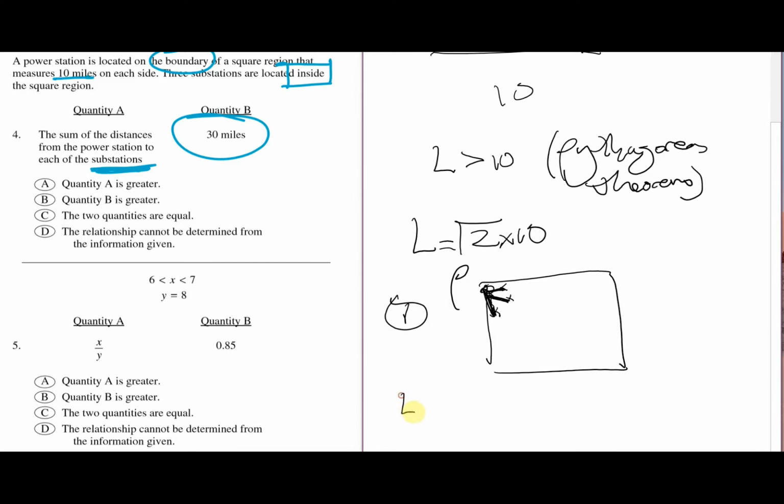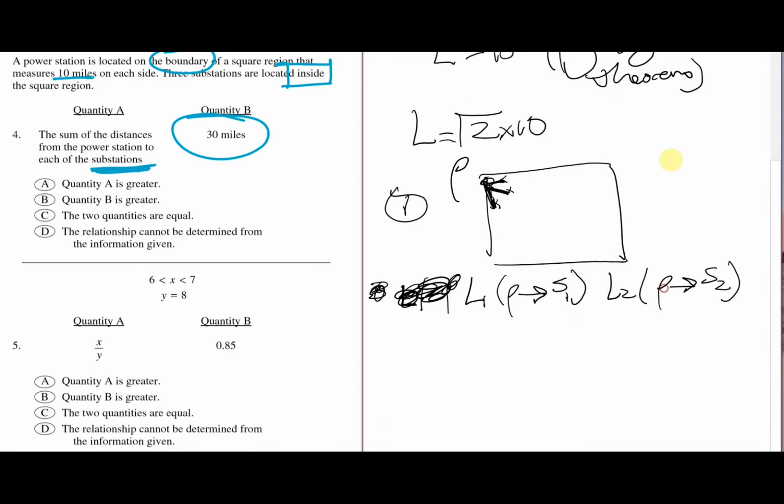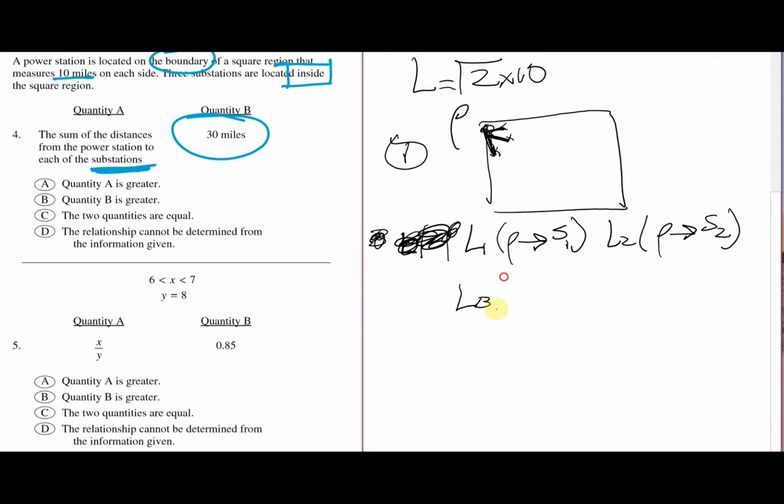So here the length of substations, let's say from P to substation 1, we can call L1, from P to S1. L2 is P to S2, and then L3 is from P to S3.